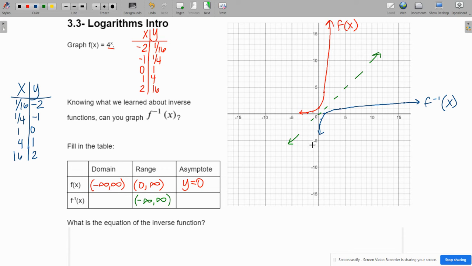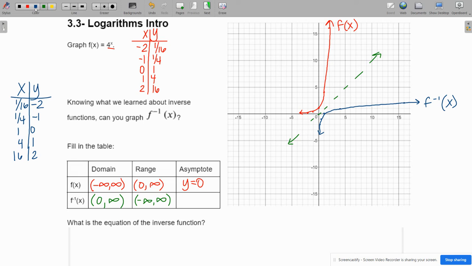So now it's your range over here that is going to be all real numbers. But you can see that over here, you don't have any inputs that are negative, and you don't have any inputs at 0. So your inputs are now going to go from 0 to infinity. It's the domain because it's the range of the original.